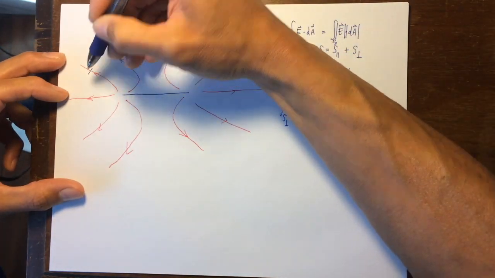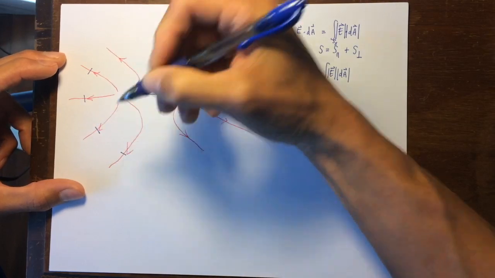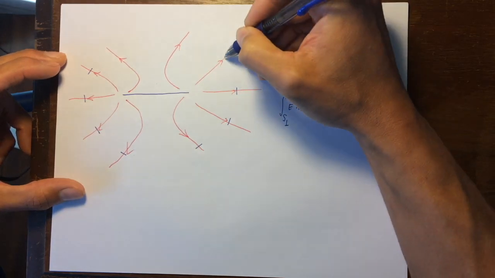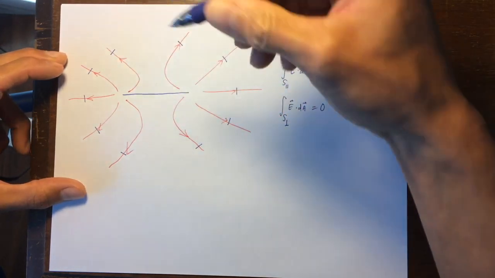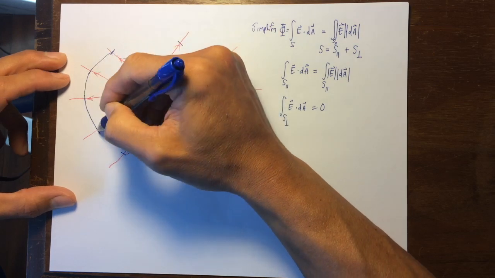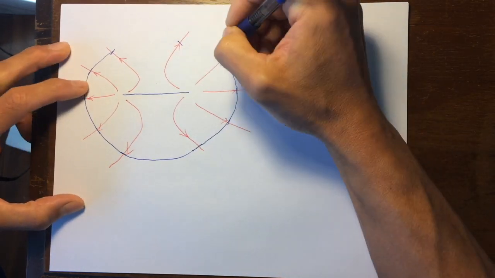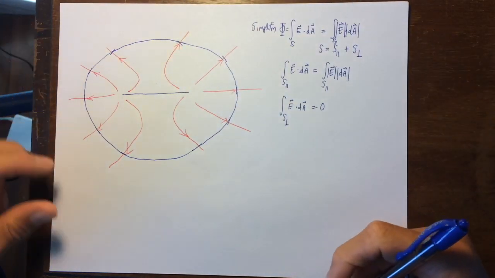So perpendicular, perpendicular, perpendicular, and I'll just connect the dots. And this is a surface. It's not very well drawn, but I think you understand what I'm saying.